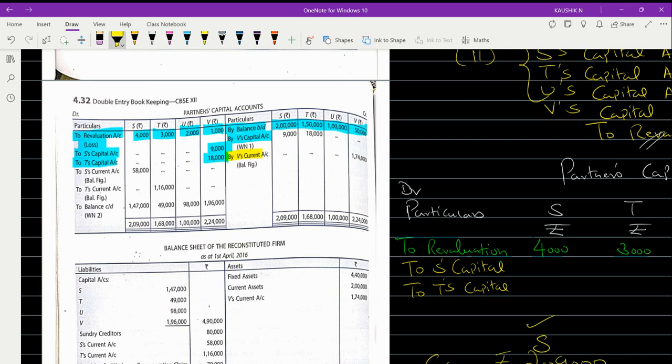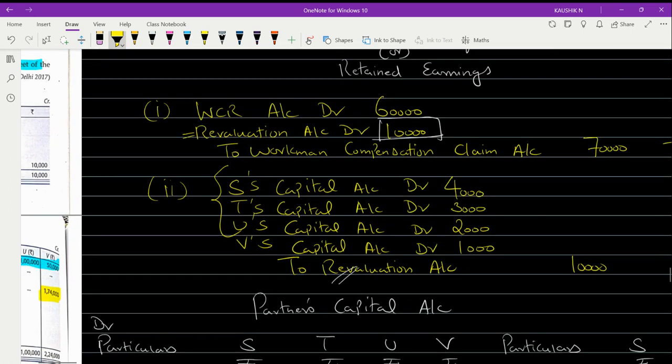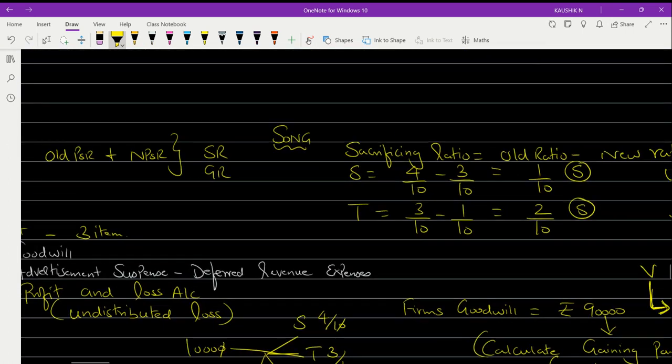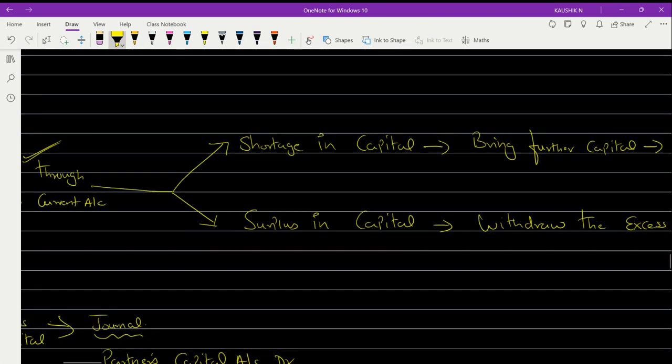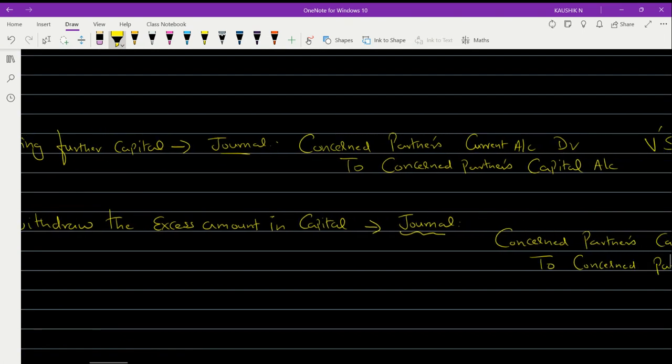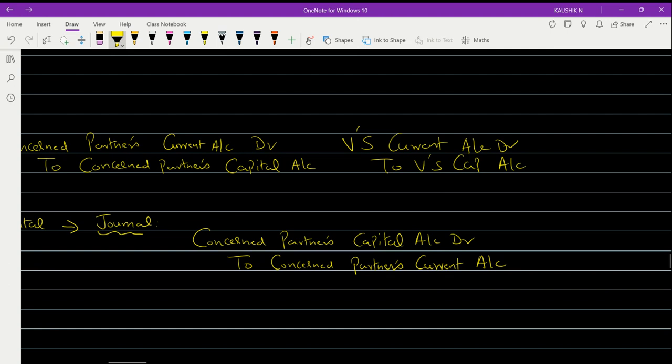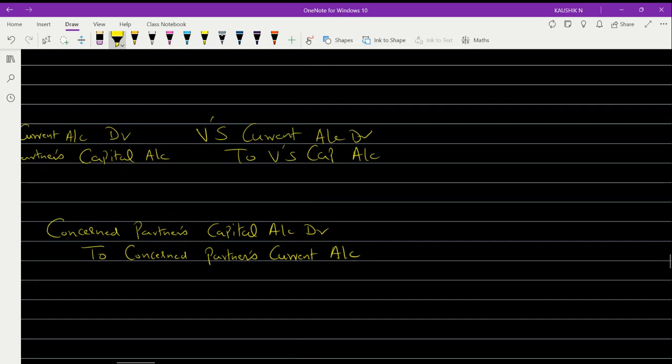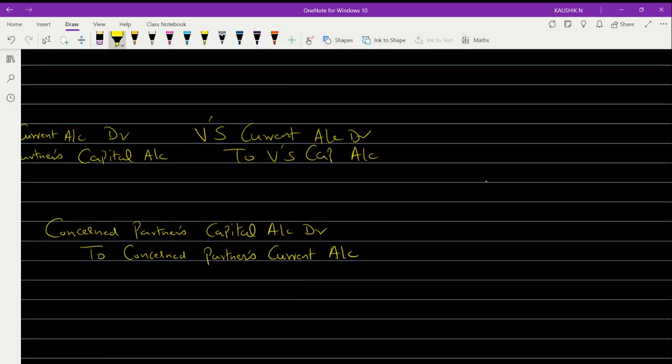By V's current account, 1,74,000. Okay. In the same way, when you look into this case, that is where you have the surplus. So concerned partner's capital account is debited to concerned partner's current account.